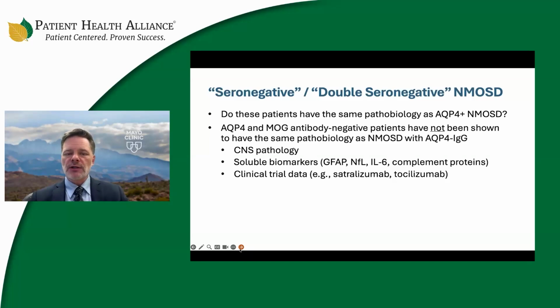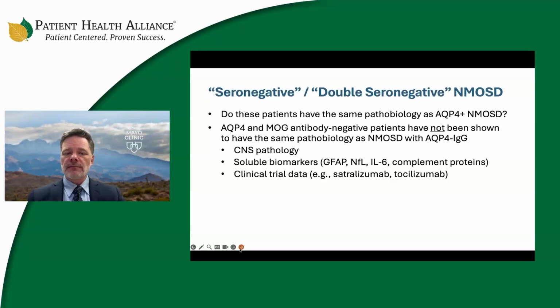We looked at biomarkers, especially GFAP, NFL, interleukin-6, and complement proteins. And although there's overlap to some degree, a variable degree, the literature suggests that the biomarker profiles between seropositive and these so-called double seronegative patients are in fact different.